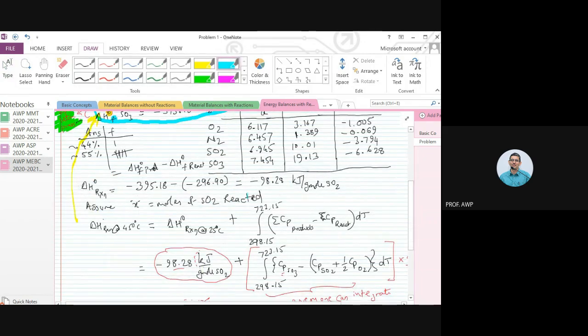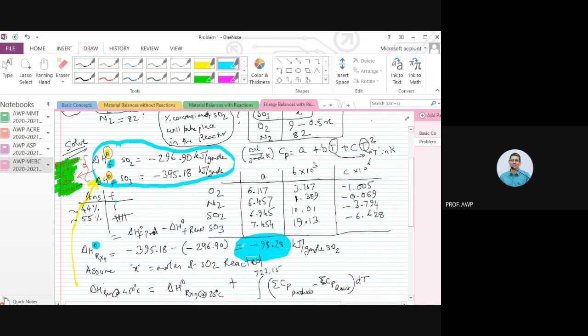So whenever molecules are disappearing, we need to account for this minus 98.28 kilojoules per gram mole of SO2 that disappears. And that change we have automatically taken into account, because we have used these minus 296 and minus 395.18 as our values in the reference state.